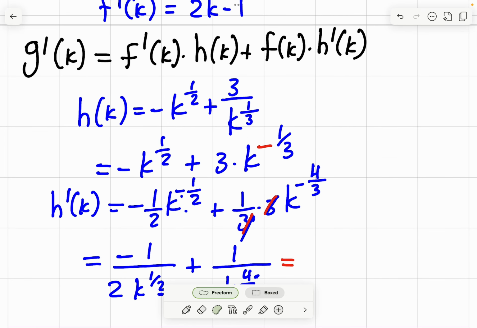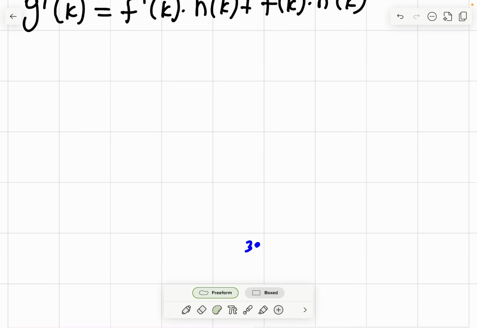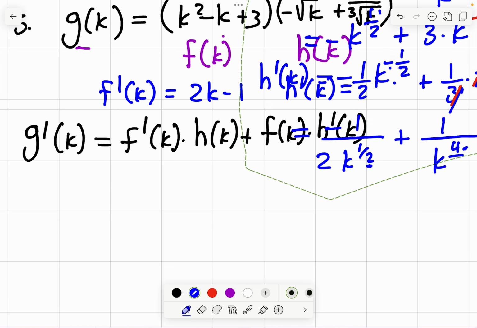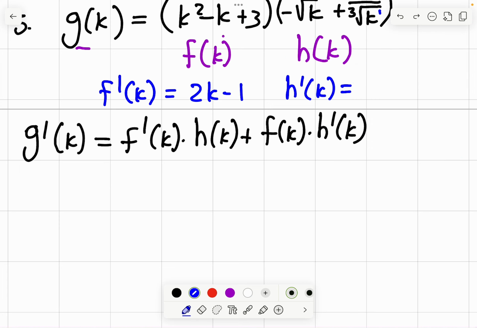So it means I found my h prime of k. Automatically I found my h prime of k. So it means my h prime of k is negative 1 over 2 root k plus 1 over, what was it?